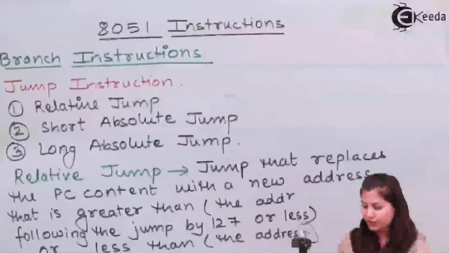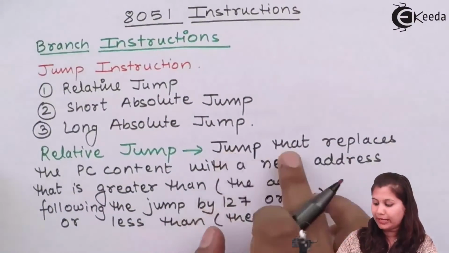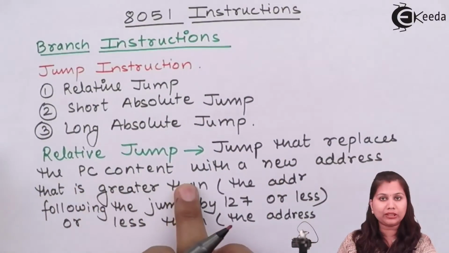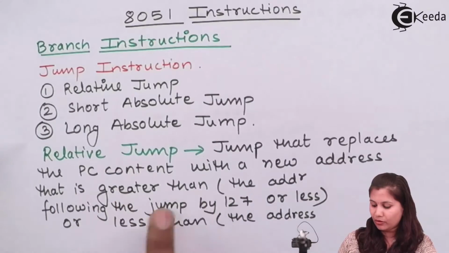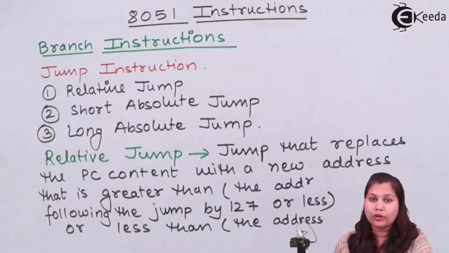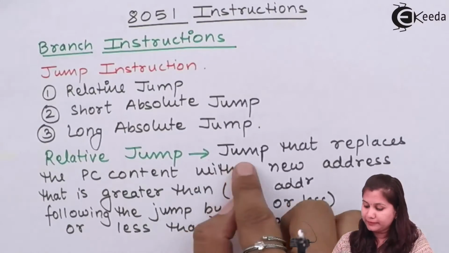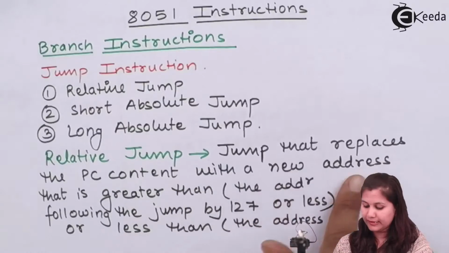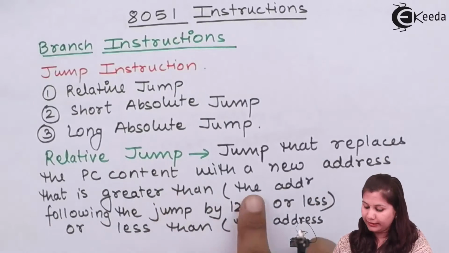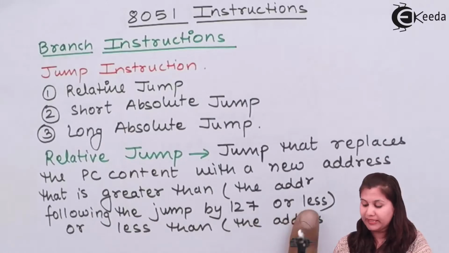So here I have written that jump replaces the program counter content with a new address which is greater than the address following the jump by 127 or less.